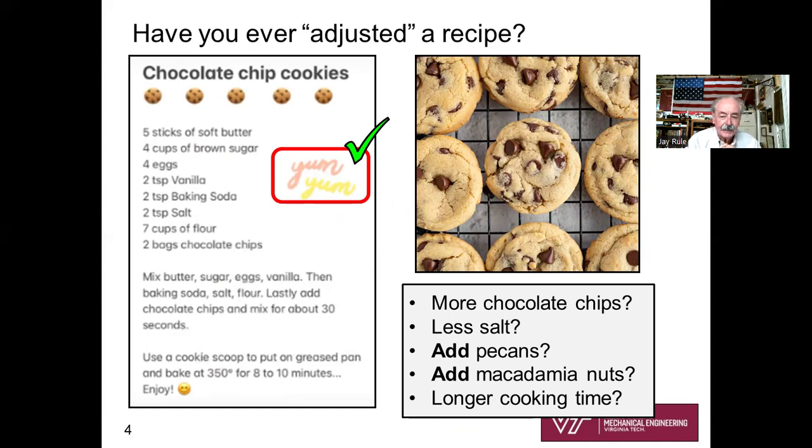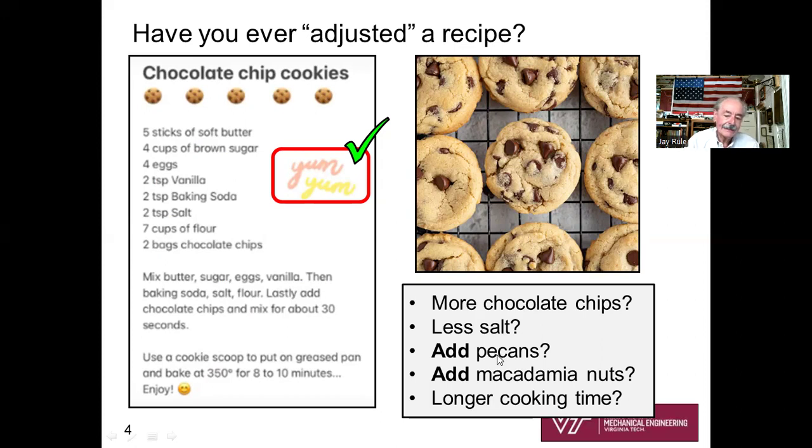And as you look at your recipe, you think, I might have a better idea. I might like to adjust that recipe. So you say, oh, I'm going to add some more chocolate chips because I like chocolate chips. The cookie tasted a little salty, so I'm going to reduce the salt that I use.